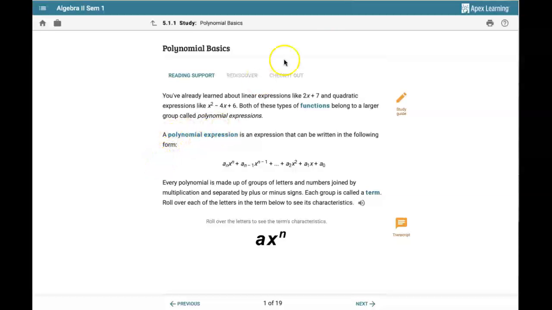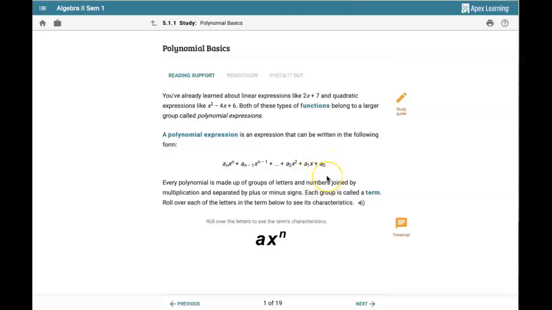All right, so if we look at this here, we've learned about two expressions so far, linear and quadratic, and both of these functions are polynomials, all right, but not everything is a polynomial as we talked about. Okay, so polynomials have this form where it's a_n x to the n plus a_(n-1) x to the n minus 1, right, so on and so forth, until we only have a_0 here, right?